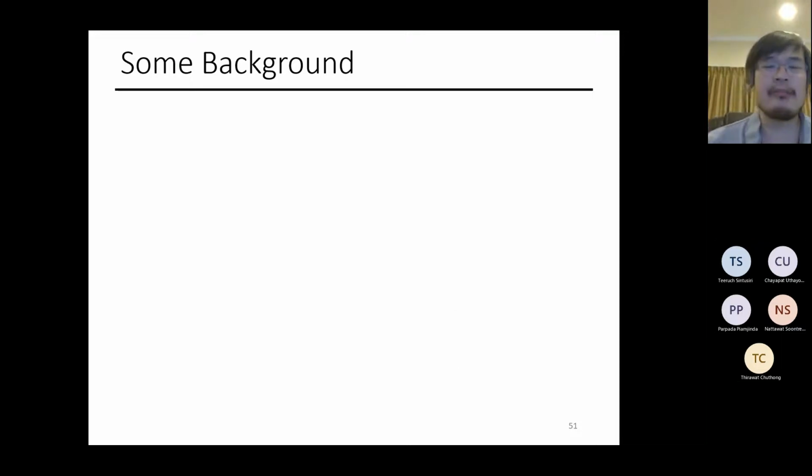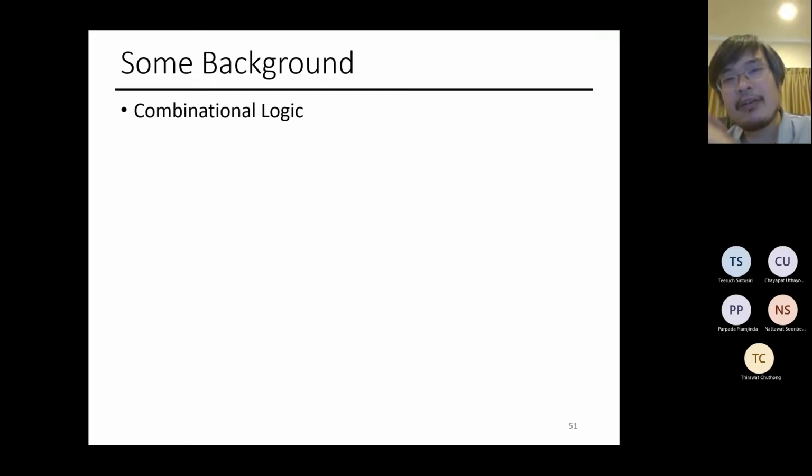Before that, let's go over some background, right? A few backgrounds that I would like to talk about before we proceed further, because I might use these terminologies, and you might not have heard about them, especially if you did not go through a computer engineering degree, right? So there's this thing called combinational logic.